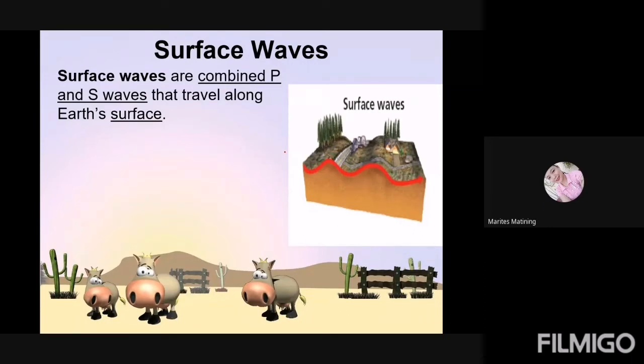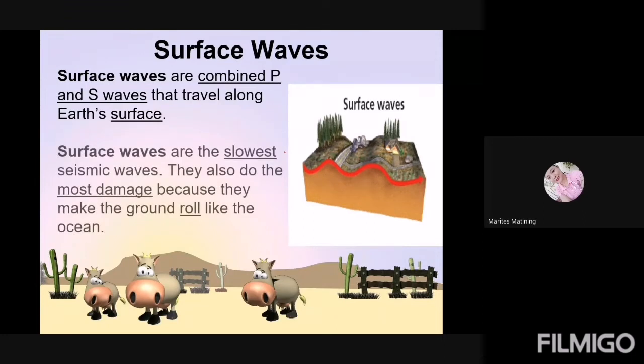Pag nangyari na yung earthquake, nakarating na siya sa surface of the earth. So, surface waves are a combination of P waves and S waves that travel along Earth's surface. Surface waves are the slowest. Okay, take note of that.